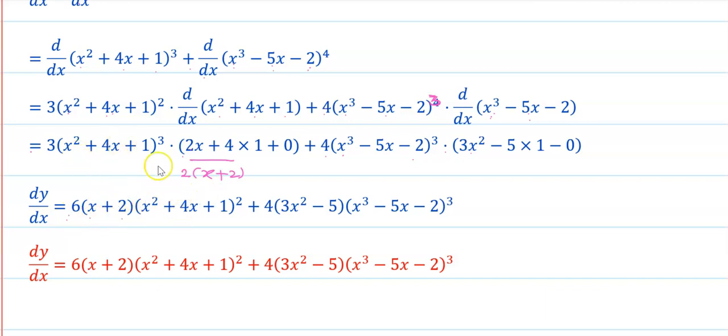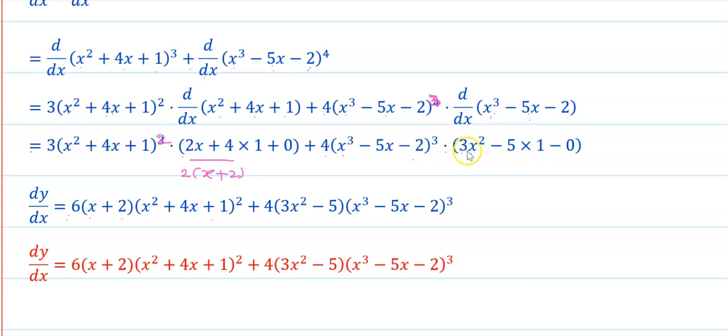Then x square plus 4x plus 1 bracket raised to, sorry, here 2. Okay. 6 in bracket x plus 2, x square plus 4x plus 1 bracket is to 2 plus 4. Okay. Now what about here? The multiplication is 5 into 1 is 5.